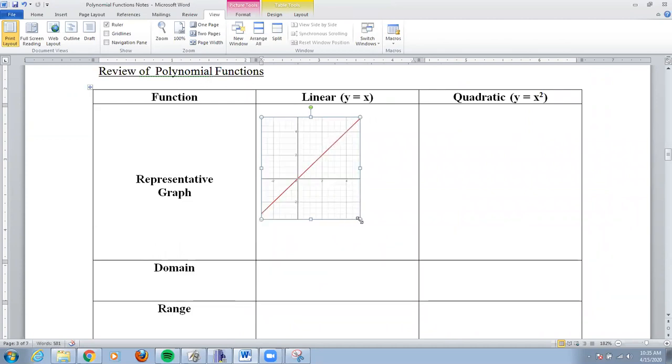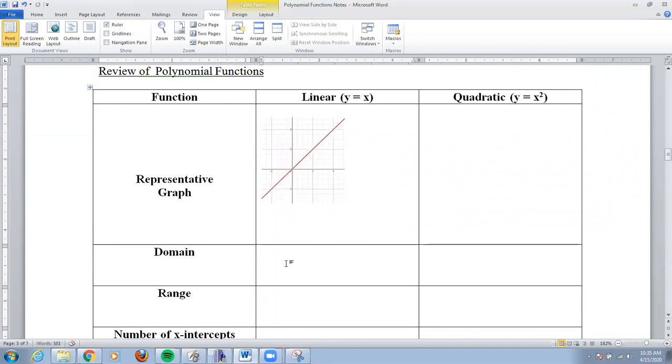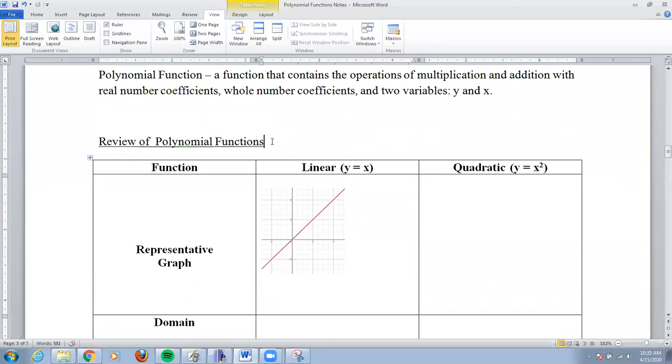So as you can see, the red line is y equals x. So the domain, as we can see, it goes left to right. Imagine it's arrowheads, so negative to positive infinity, as well as the range. And again, this is without context. Very important to note. So this is review. There is no context to the functions.